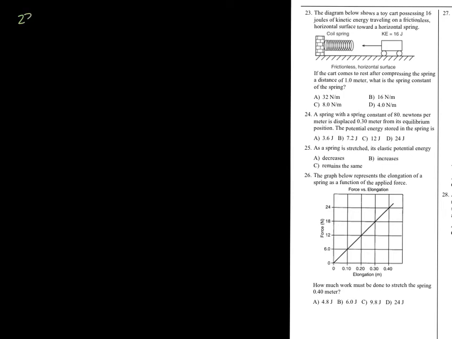Alright, 23. So here they gave us the kinetic energy of the spring, which is 16 joules. We're figuring out what's the spring constant of the spring. So all of that kinetic energy of the cart goes into the spring. So that's now potential energy in the spring to compress it.